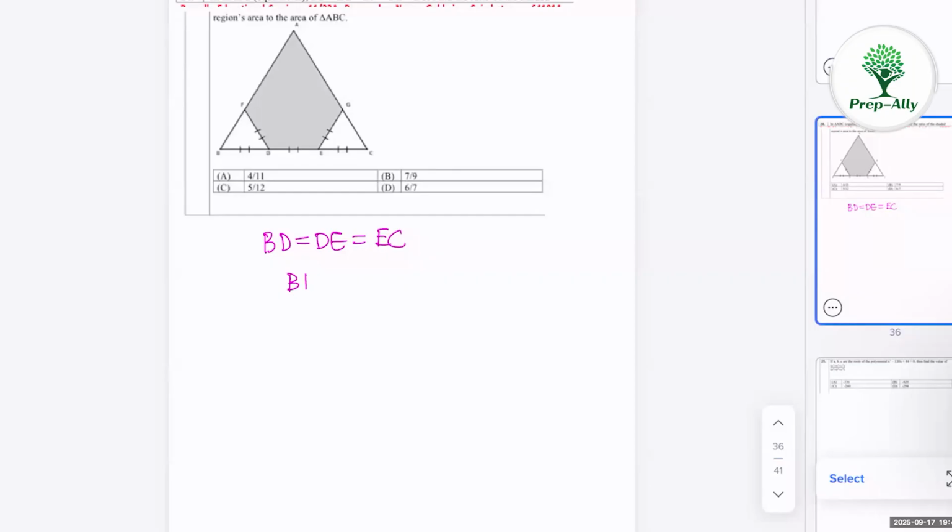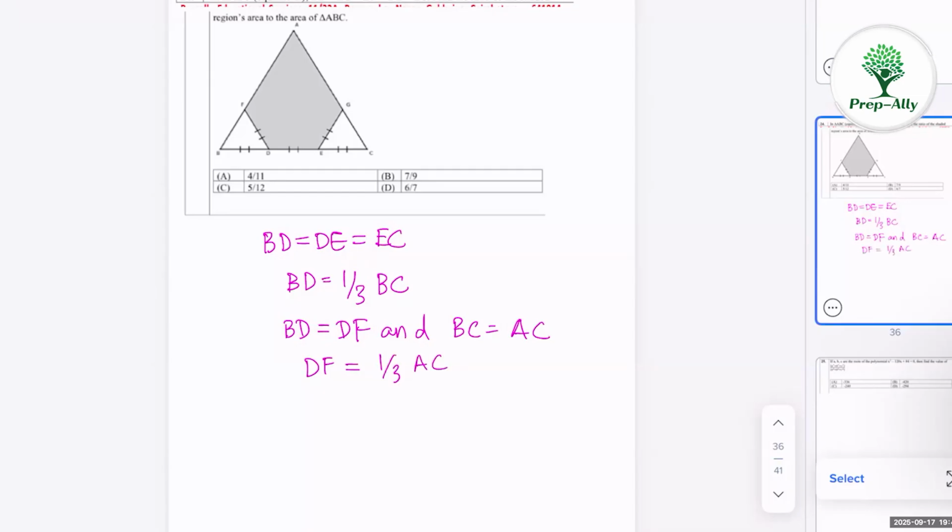And BD is 1/3 of BC, and because BD equals DF and BC equals AC, DF is also equal to 1/3 AC, right?